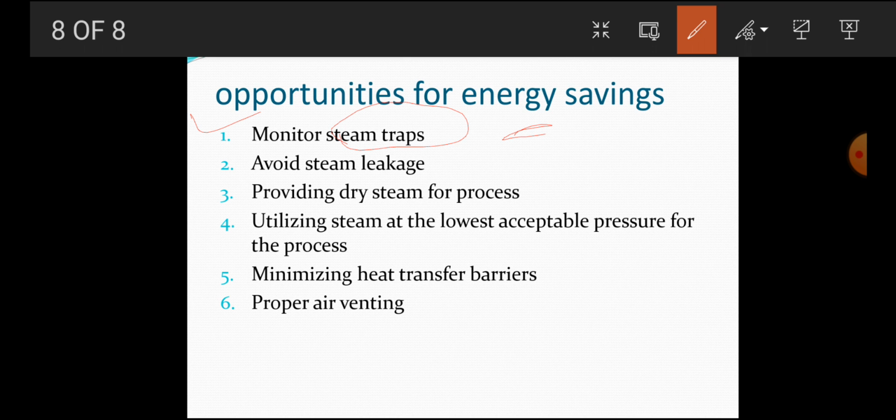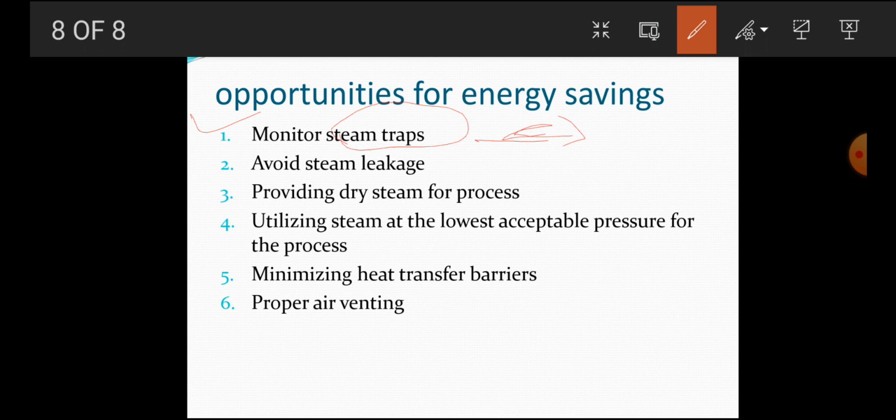Then next, float and thermostatic traps should have a continuous condensate discharge. So continuous discharge is required. Thermostatic traps can have either continuous or intermittent discharge depending upon load.